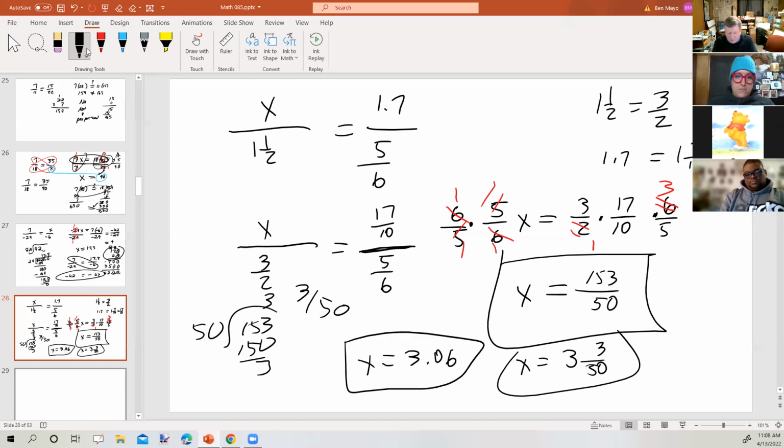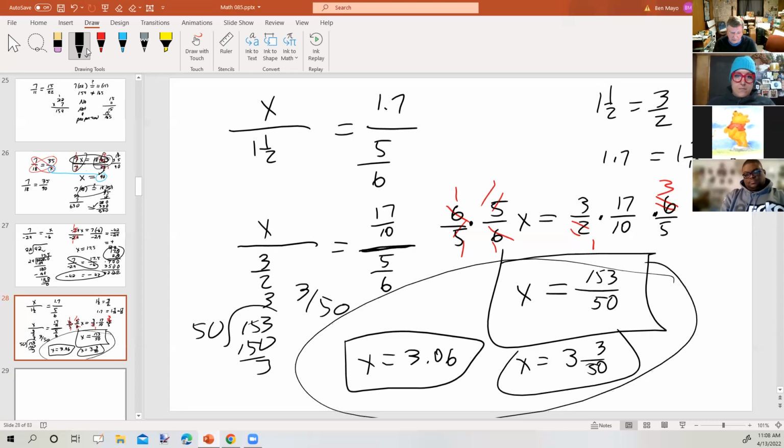So any one of those answers would be correct. Now, there may be instructions in WAMAP that would say, write your answer as an improper fraction or a mixed number or a decimal, in which case you've got to follow the directions. But if it doesn't, then any one of these three would be correct.